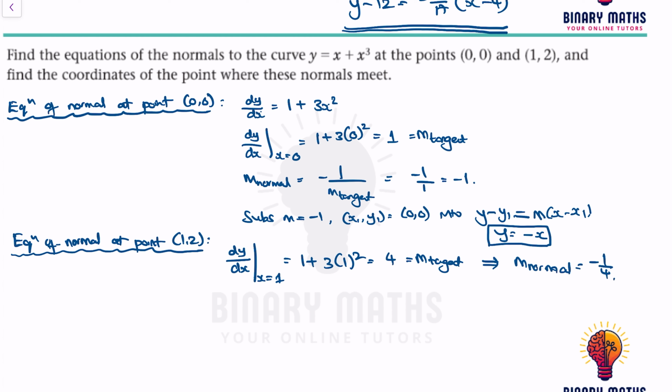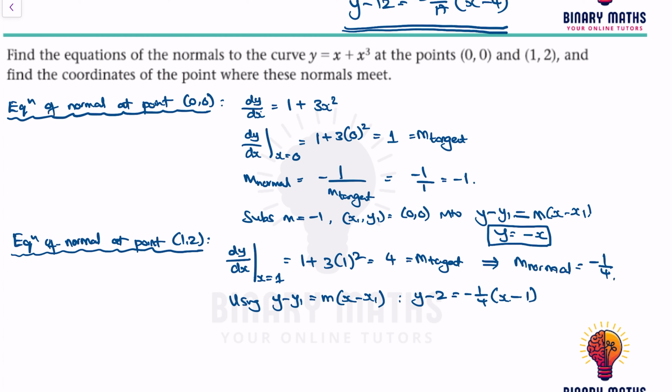That means using y minus y1 is equal to m times x minus x1, I end up getting y minus 2 is equal to minus a quarter times x minus 1.